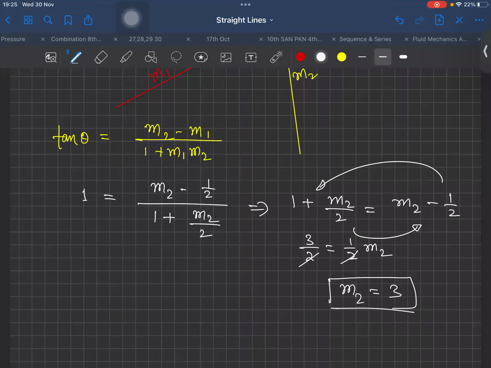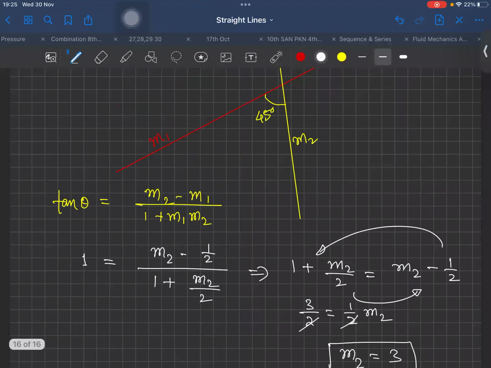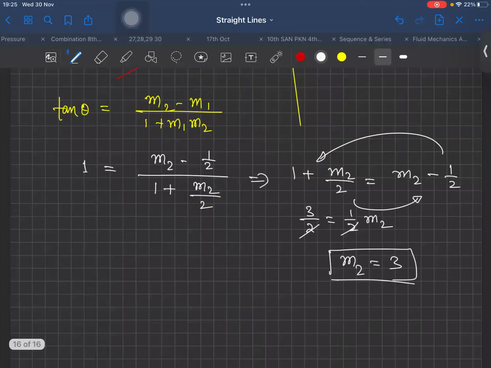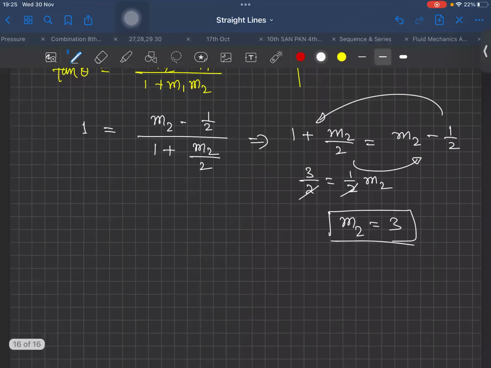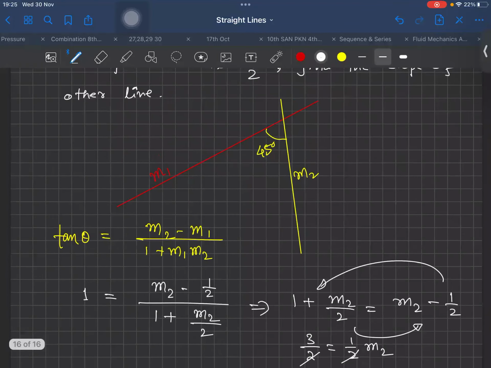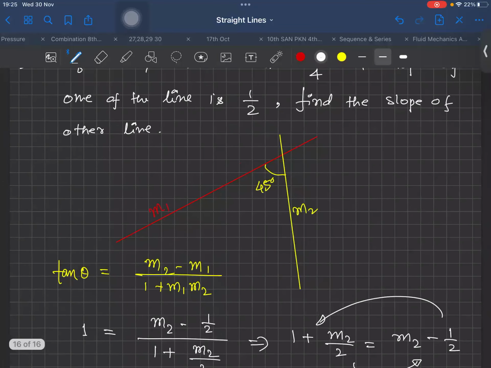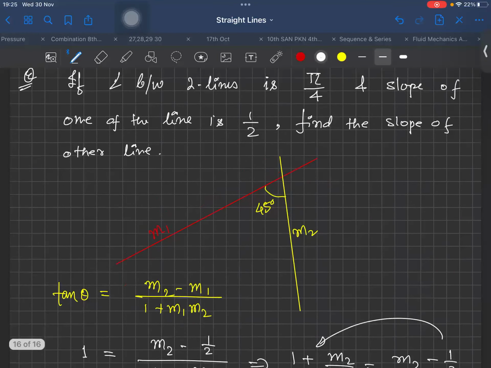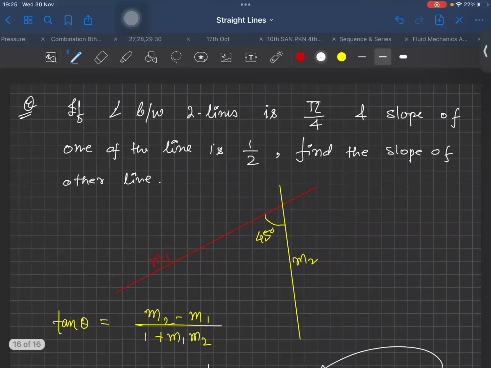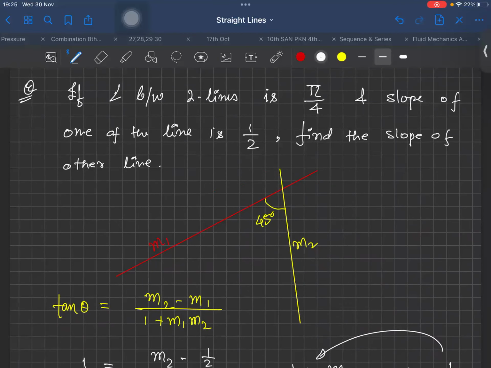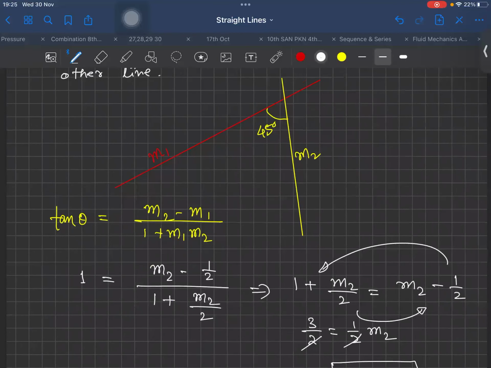So this is one of the slopes. This is M2. What is M1? See, there can be two slopes. Find the slope of the other line. Just a minute.